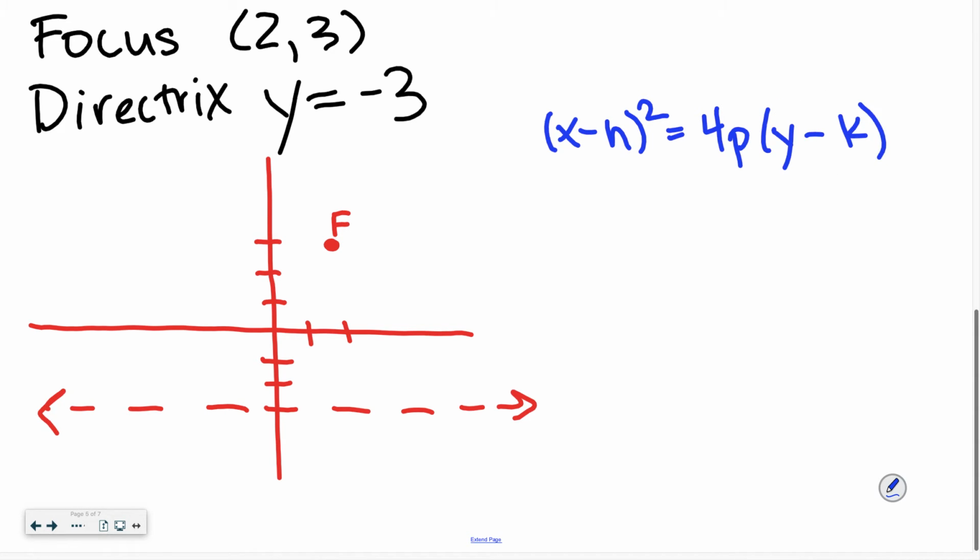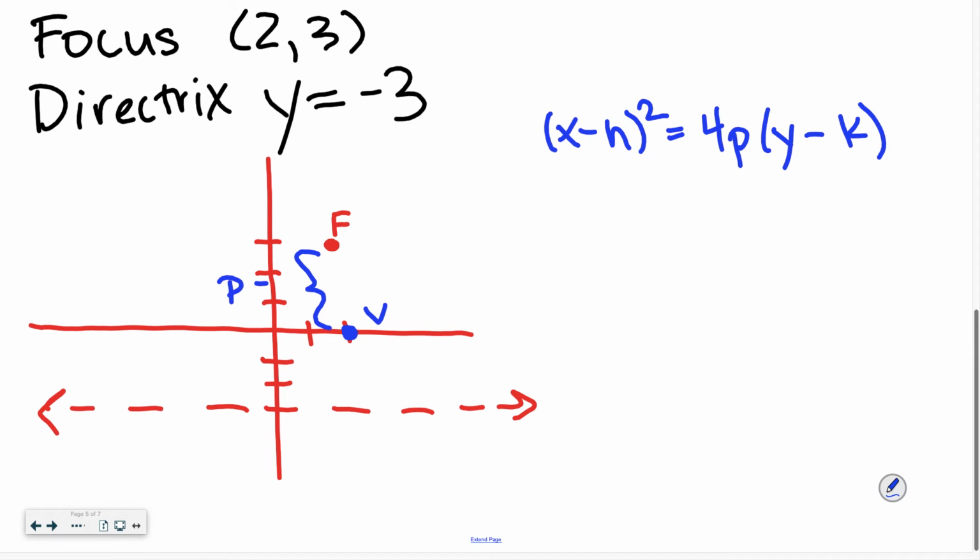What has to be true about our vertex? Okay, it has to be in between those two, right? And it has to be exactly in the middle. It has to be equidistant from the focus as it is the directrix. So how far away is the focus from the directrix? It's 6 units away, which means our vertex needs to be 3 units away.